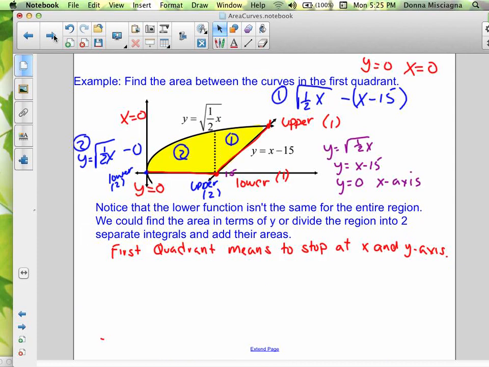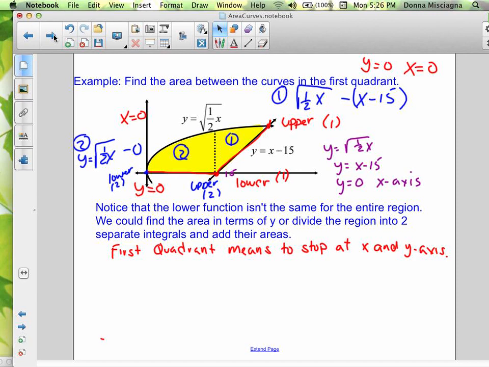Let's continue on. We're going to find the area between the curves in the first quadrant. It says first quadrant, so we're not going to go below to the second quadrant. Notice here we have a different lower function. It's not consistent for the entire region, so we're going to have to switch and split. It's kind of like the one where the two functions changed places.